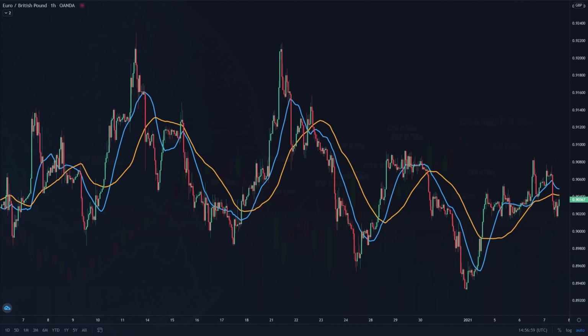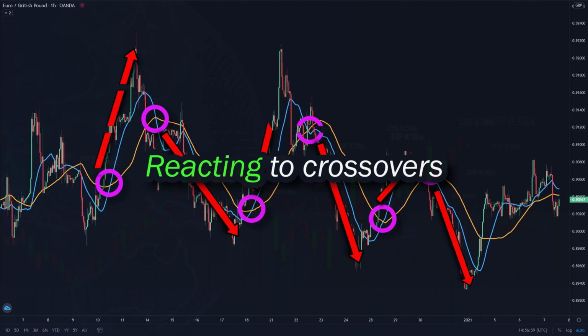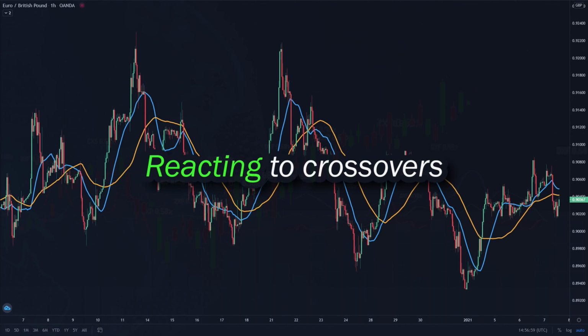The moving average crosses over downwards, and the price made a downtrend. This has actually happened multiple times in this chart. Every time the moving average crosses over, the market tends to follow that same direction. And so now we know that this market has a history of following the crossover. So I will confidently trade the crossover strategy on this market.